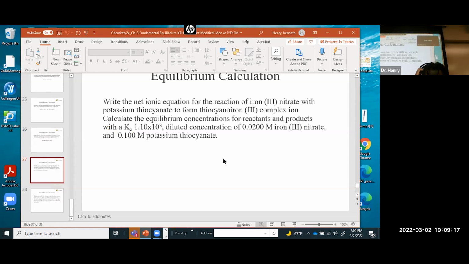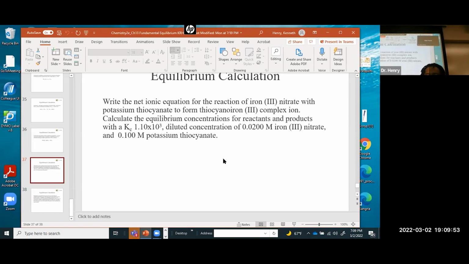Write the net ionic equation for the reaction of iron(III) nitrate with potassium thiocyanate to form the thiocyanatoiron(III) complex ion. Calculate the equilibrium concentrations for the reactants and the products with a Kc of 1.10 times 10 to the third.